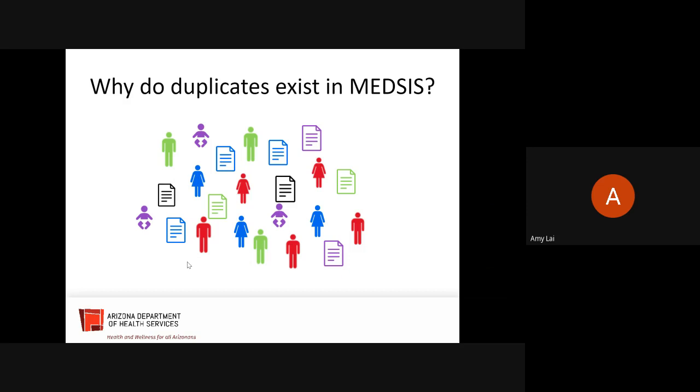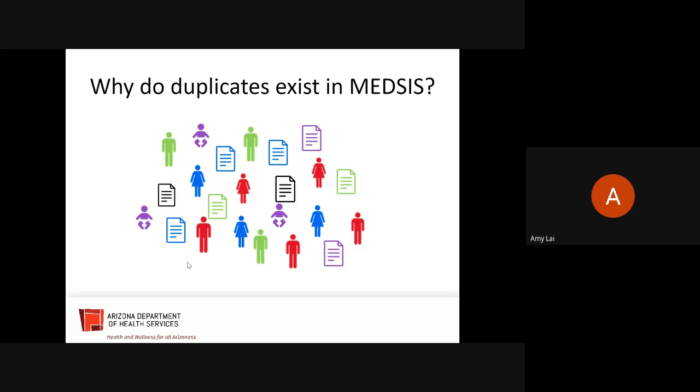I don't remember if I mentioned this, but if the hospital accidentally reports a case under the wrong morbidity, there's nothing that we can do on our end either. If it's reported under the wrong morbidity and the morbidity is not part of the morbidity grouping, the users have to re-enter that case into MEDSIS.